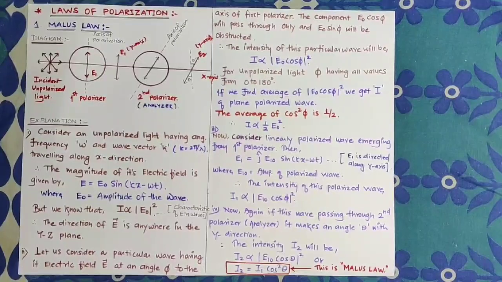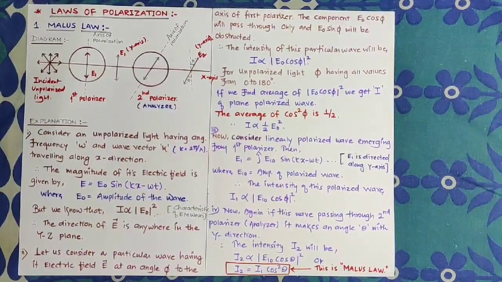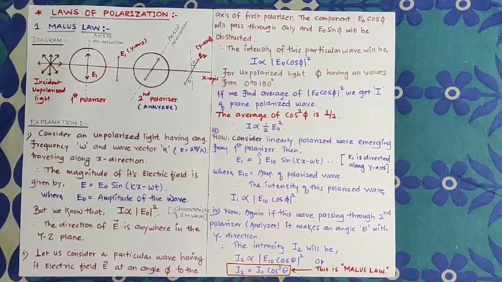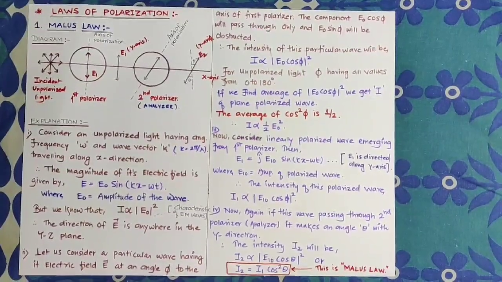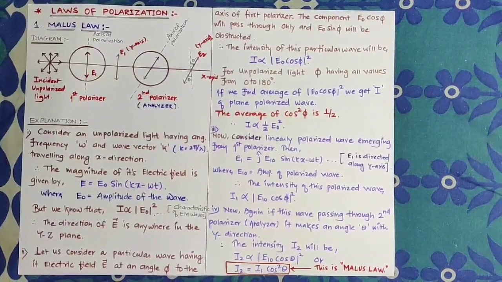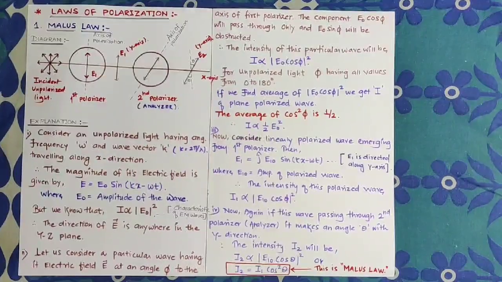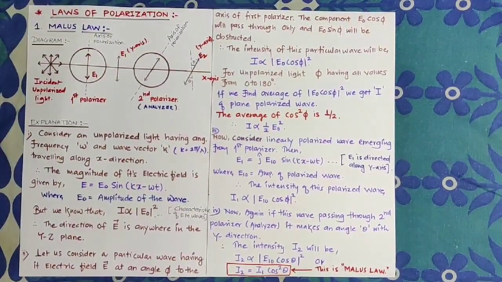They can travel along the yz plane in any direction, but this condition is applicable only for the second polarizer, when the first polarized light is passing through it.